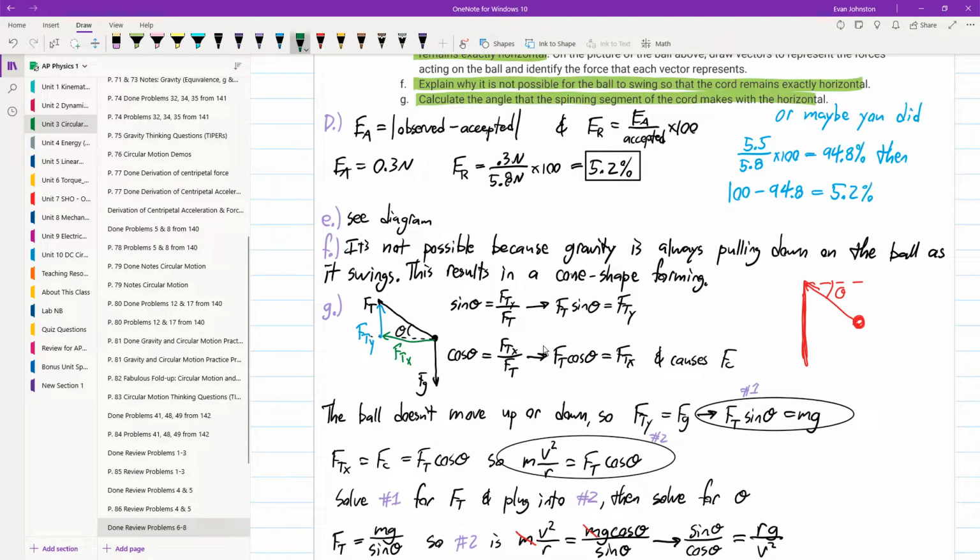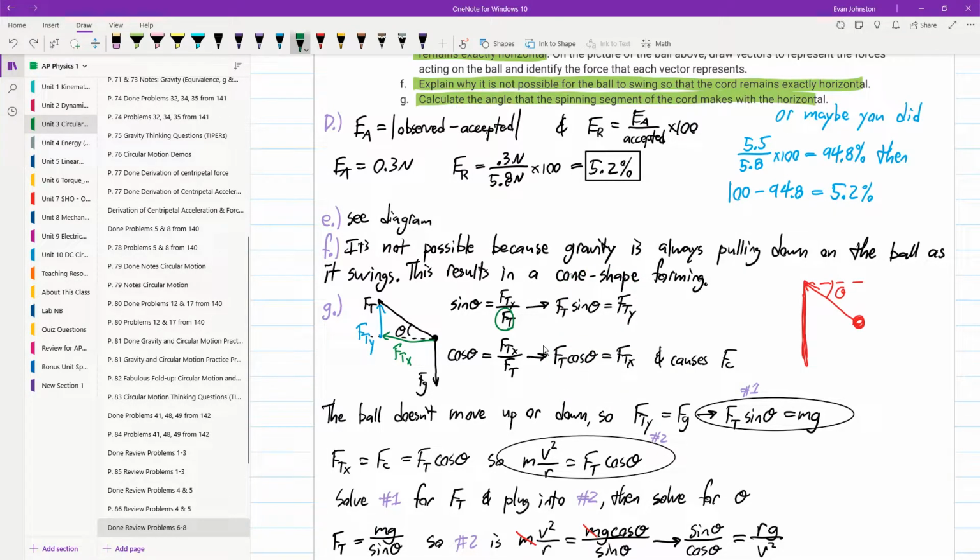Looking at my picture, going straight across here would give me the opposite. So here's my angle, and opposite my angle is the y component. So sine would be the y component over the total tension. And similarly, cosine would give us the x component over the total tension. I could then multiply by the force tension over here, and do the same thing over here. And that's exactly how I ended up getting these two equations here.